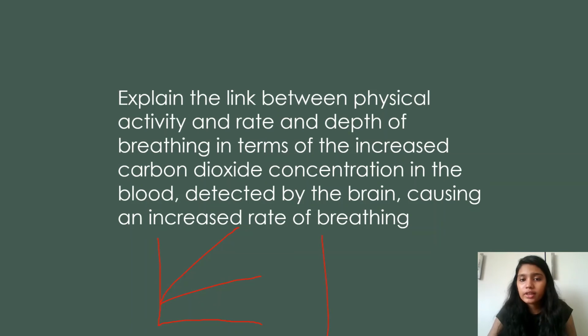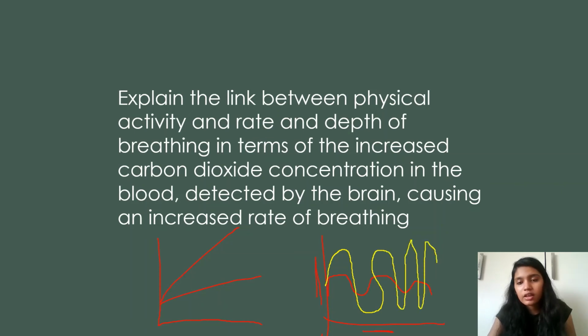Now, if we're going to look at depth of breathing, we're going to look at it in wave form. So this is going to be the time, and this is going to be the volume of air on your y-axis. So if this is your normal depth of breathing, your depth of breathing during exercise is going to be this. Okay, and you can also see the rate of breathing has increased.